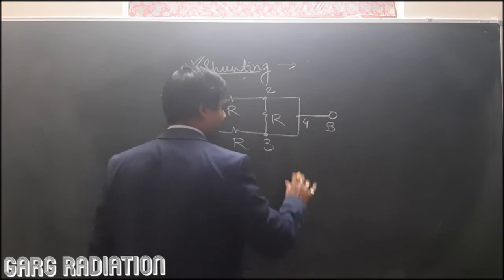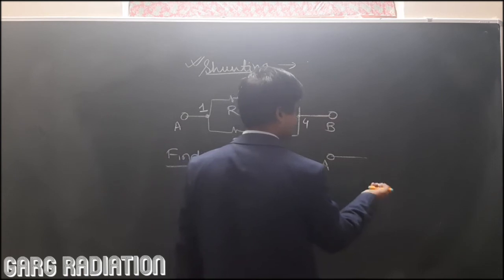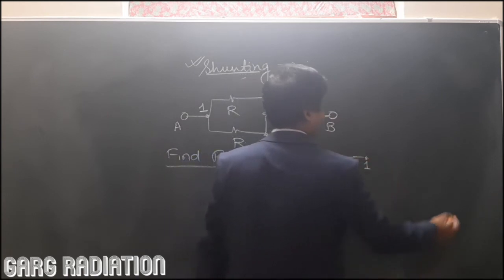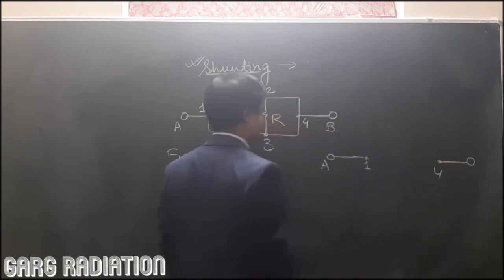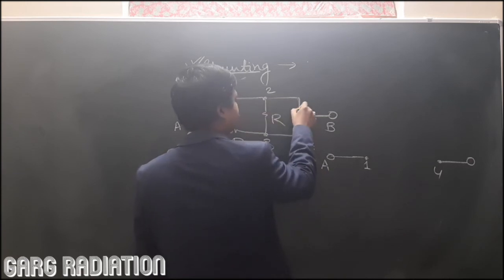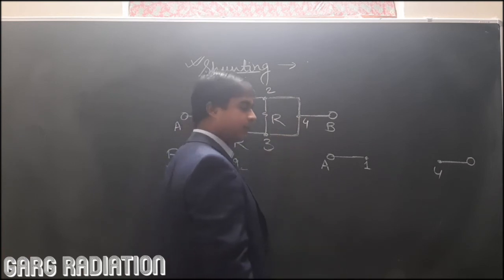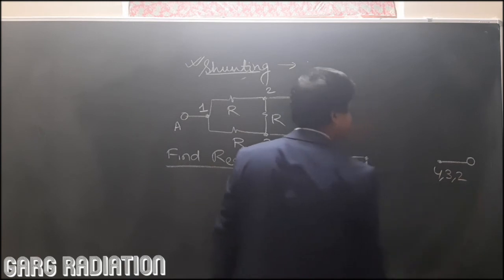Yes. So now again we redraw the circuit. A connected with 1 and B connected with 4. Okay. But you see 4 is directly connected with a connecting wire with 2 and 4 is also directly connected with 3. So obviously 4, 3 and 2 are identical.